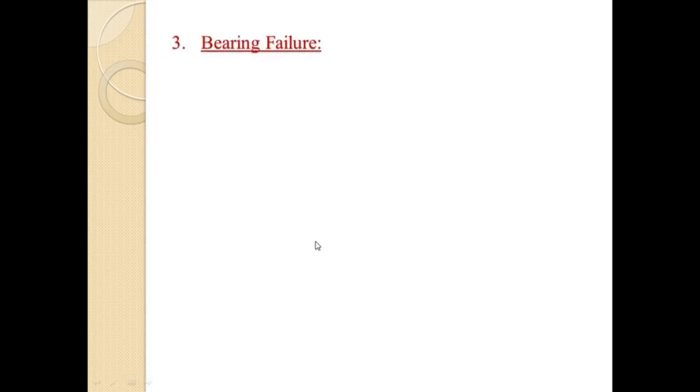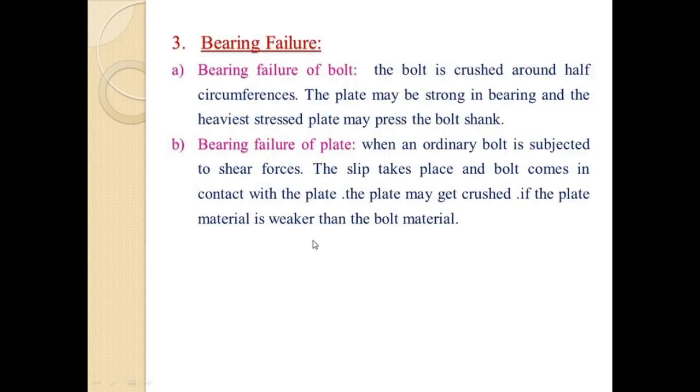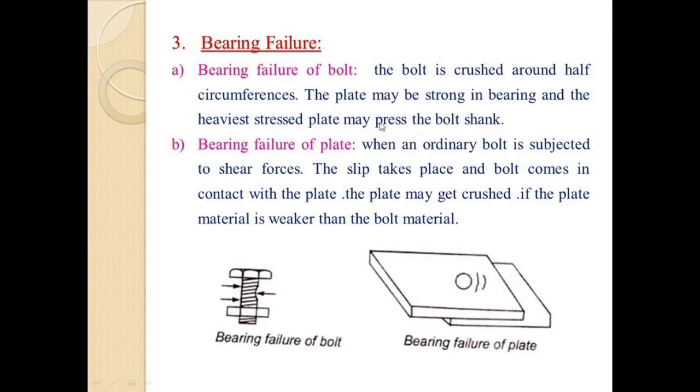Next is bearing failure of bolt and bearing failure of plate. Okay, the bolt is crushed around half its circumference. Here we can see the bolt fails at half circumference. The plate may be strong, and under the heaviest stress the plate may press the bolt shank due to the opposite forces of the plates, and if the plate material is very strong compared to the bolt, this type of bearing failure may occur.